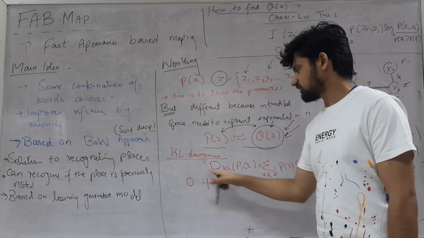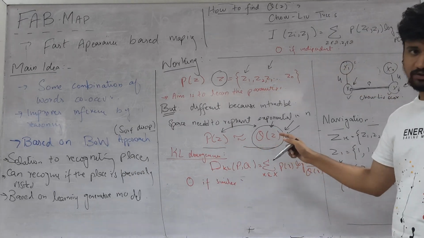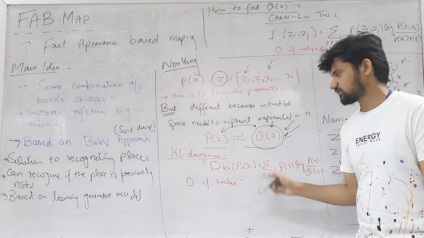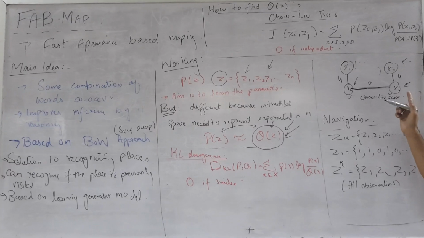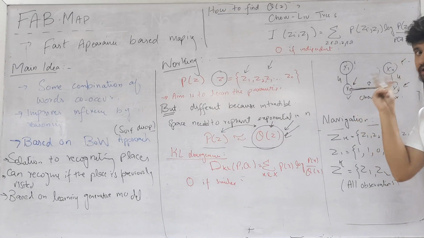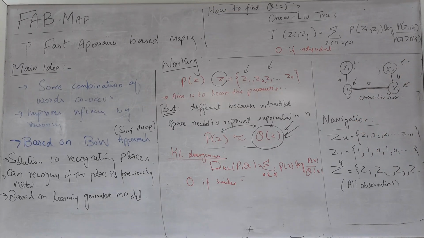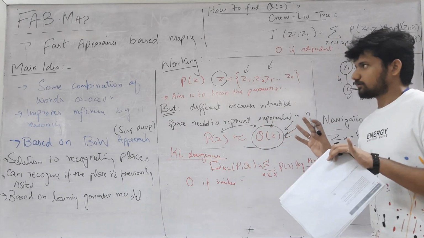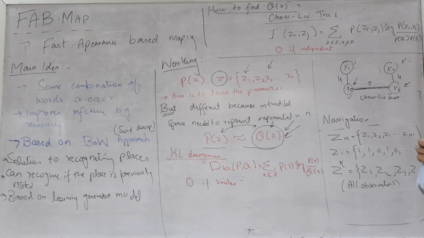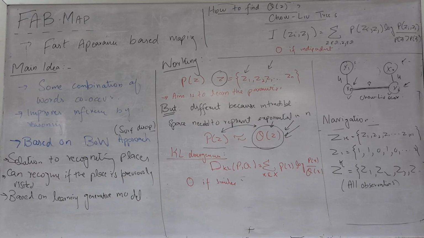If it is similar, then you will consider this one. Now you have found a distribution which is similar to the actual distribution, plus it has the links that tell you those features are co-occurring. Okay, now the remaining navigation part.